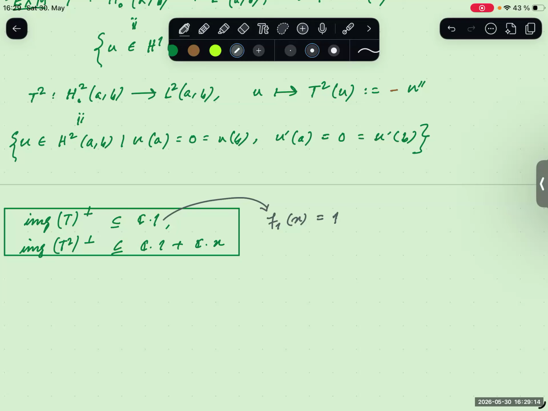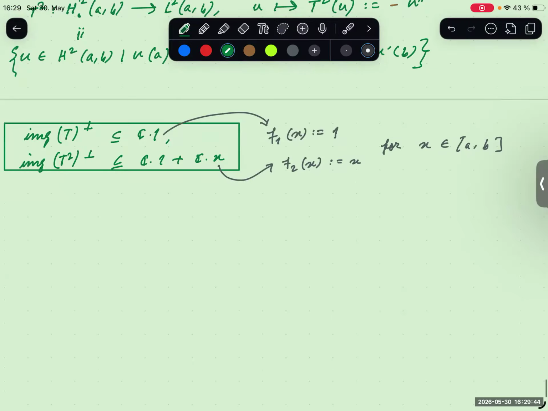And the latter one, x, is the identity function. So if x goes to x, it's just a shorthand notation, for, of course, x in AB.